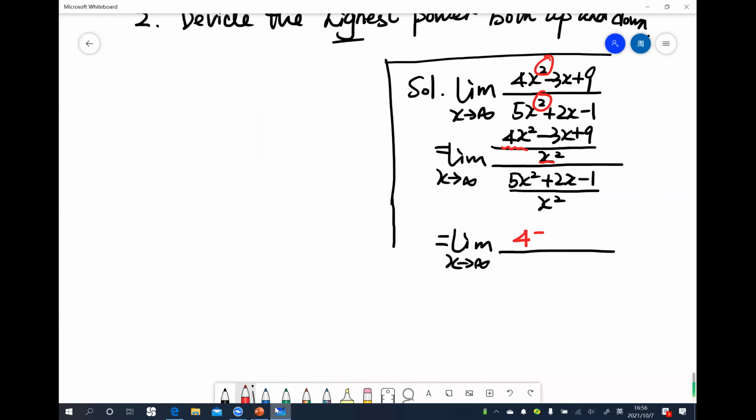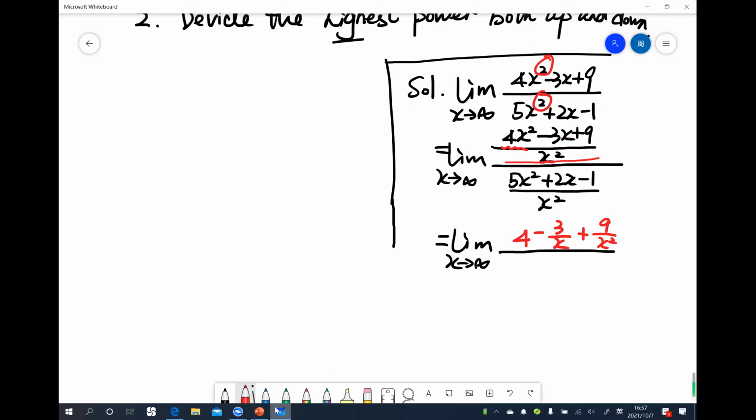And minus, here we can cancel one x, so minus 3 by x, and plus 9 by x squared. Can you understand the numerator, this part? Yes. Okay. 3 over x plus 9 over x squared.